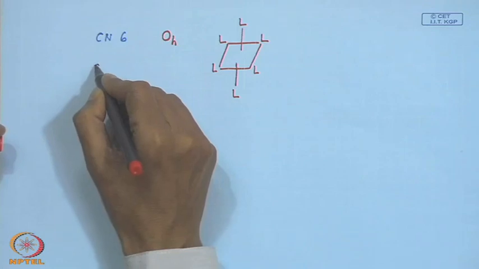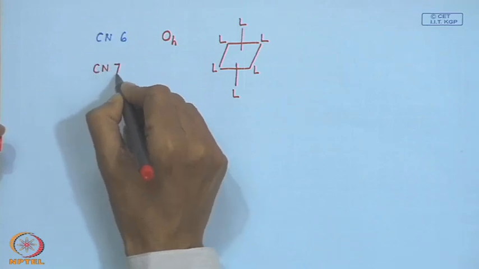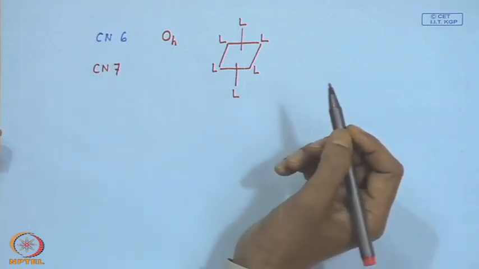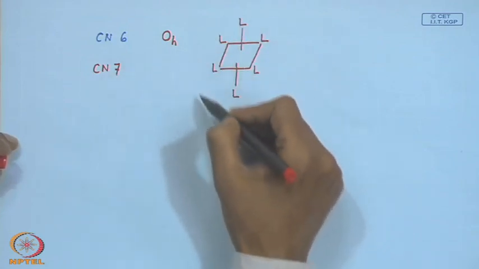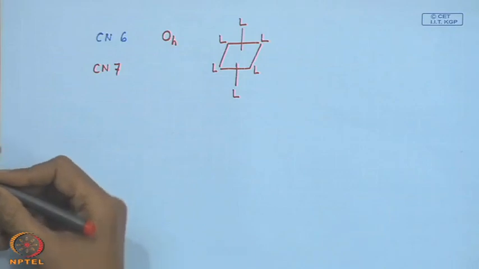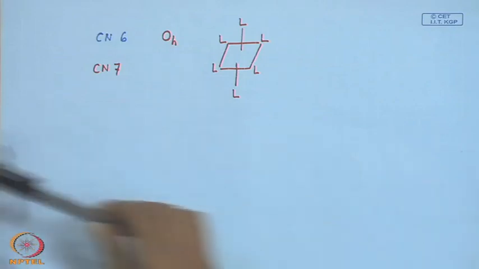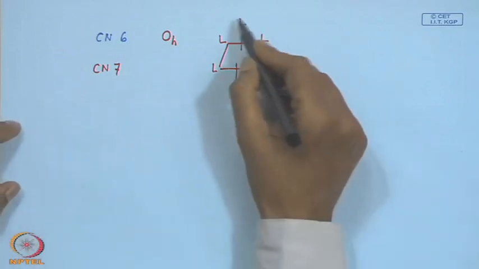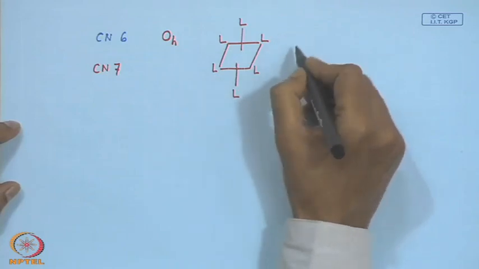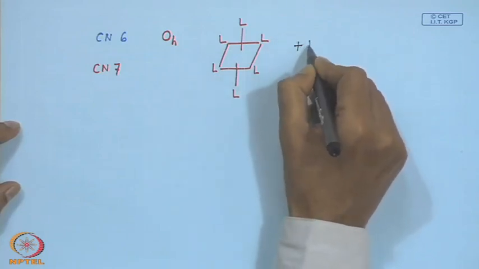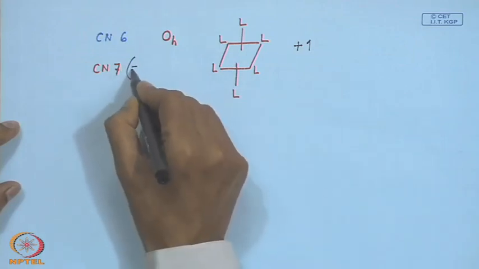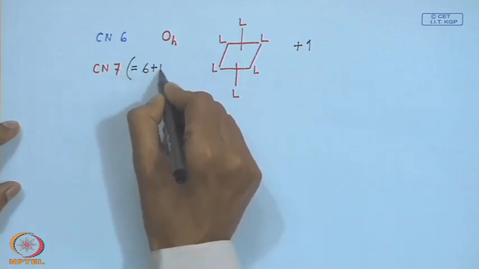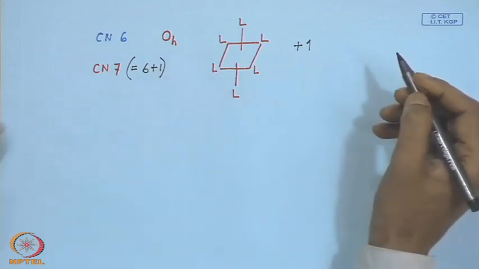But when we move to a coordination number of 7, basically what we can do, we can add one more ligand. So, it is basically a spherical arrangement, a sphere like arrangement. So, it is highly symmetric sphere like arrangement. So, how to put the extra ligand? The coordination number 6 would be equivalent to 6 plus 1.